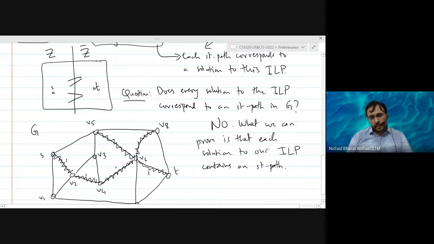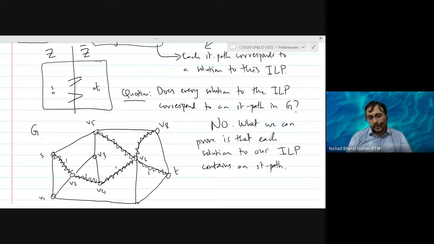In particular, if you look at the edges which have a non-zero number, I mean they could also have two, but it doesn't matter. If you see an edge which has x_e equal to 2, it just doesn't mean anything, right? You can just take it to be equal to 1, and it will still be a solution to your integer linear program.